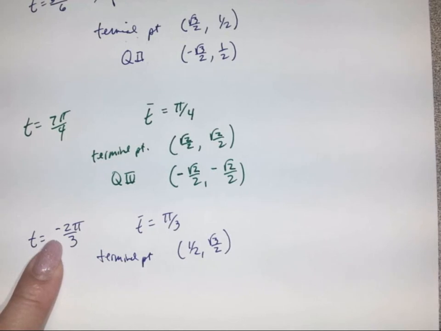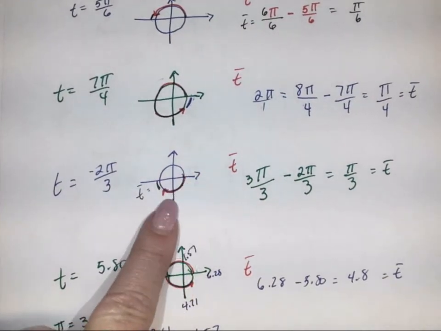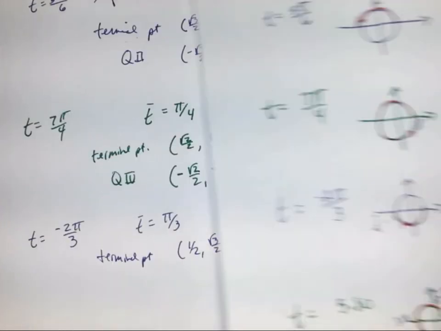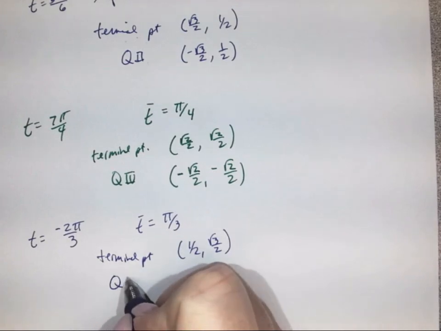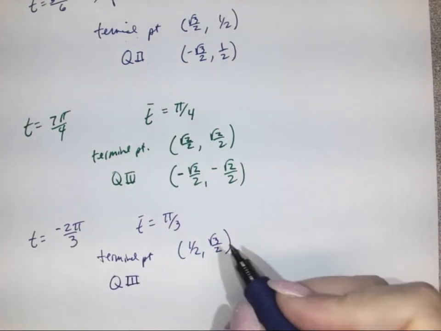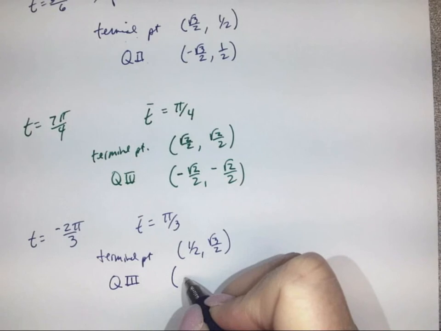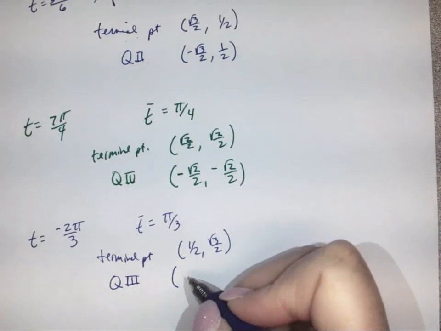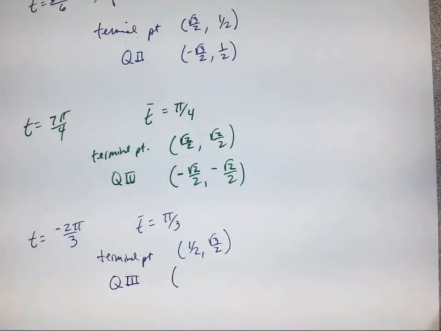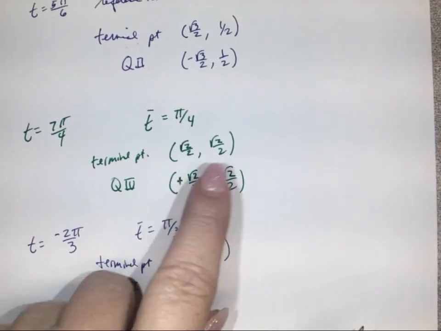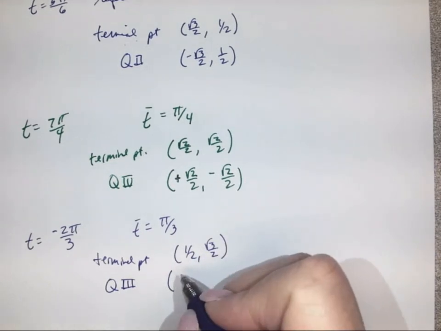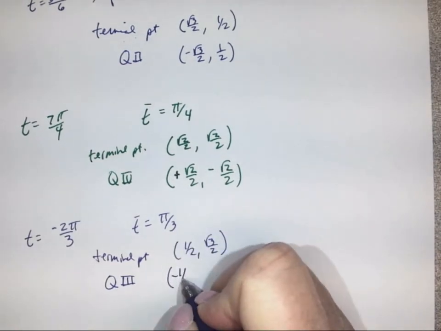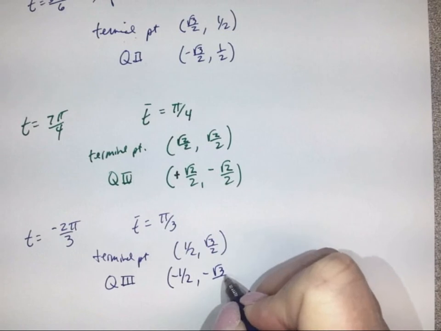And negative 2 pi over 3 landed us into quadrant 3. So because we're in quadrant 3, we know that they will both be negative. And I made a mistake up here. We were in quadrant 4, x is positive. Sorry about that. You're probably going, oh, it's wrong. That's positive, that's negative. Quadrant 3, both are negative. So negative 1/2, negative square root of 3 over 2.